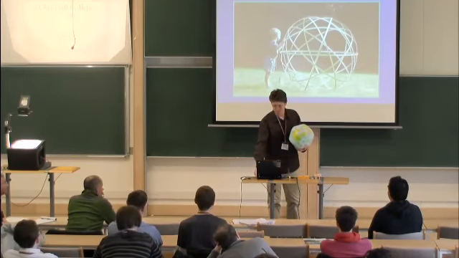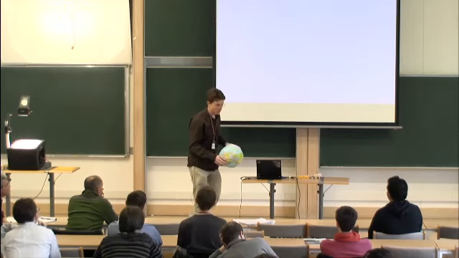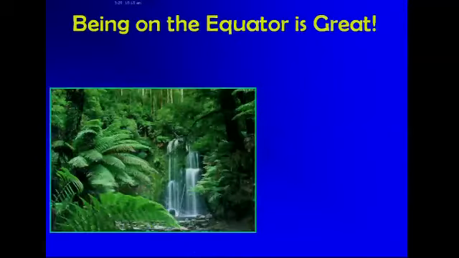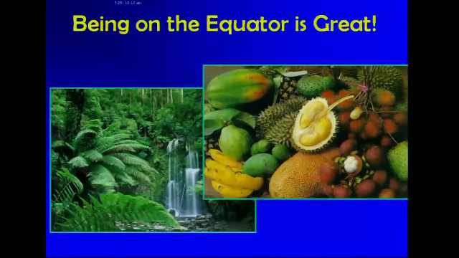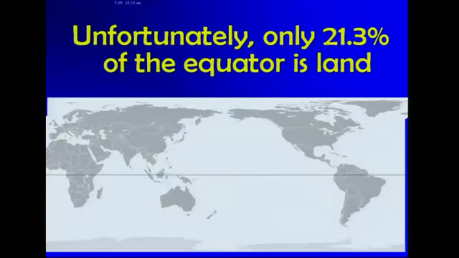So this is Earth. And here's the motivation. It comes from the following obvious statement: being on the equator is great, of course, right? We have all this rainforest, great fruits, and tropical islands. So far, I imagine we all agree with that. But something maybe not all of you have realized is that only 21.3% of the equator is land.